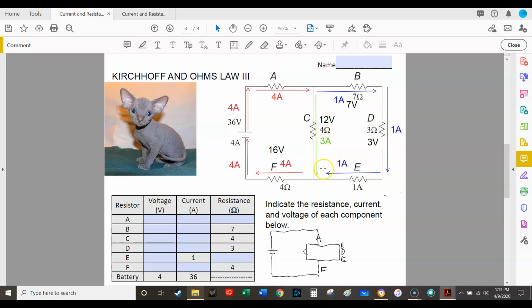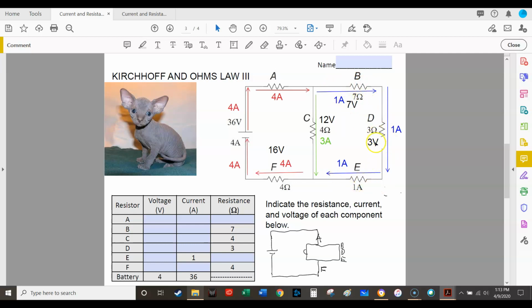So if this is 12 volts, then B's voltage plus D's voltage plus E's voltage has to be equal to C's voltage, because they're in parallel. The voltage here is equal to the voltage across all of this, and that's the loop rule.